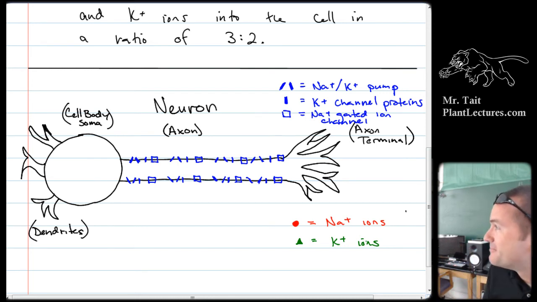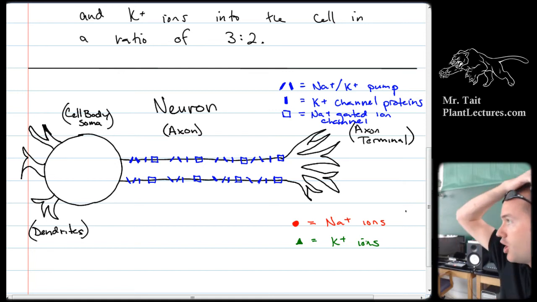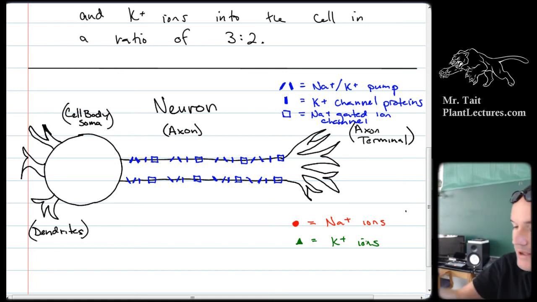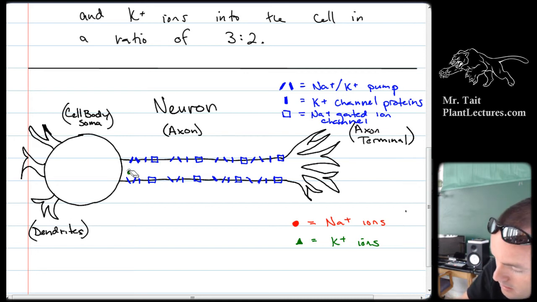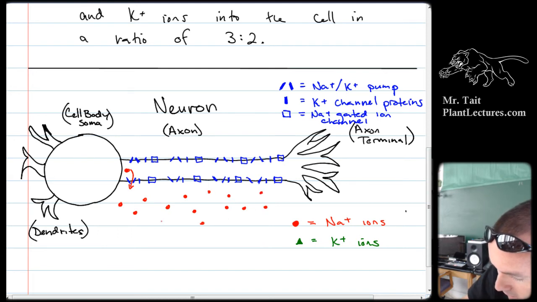What we're going to do is show these sodium ions on the outside. The sodium-potassium pumps are pumping the sodium ions out, so these are getting pumped out, and we end up with a bunch of sodium ions on the outside and a few on the inside, but not many because they're being pumped out.